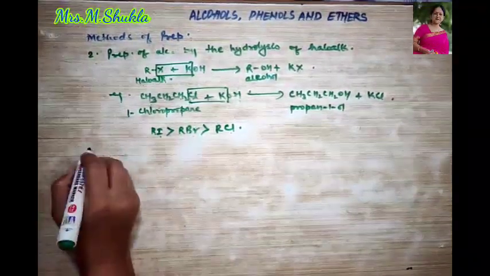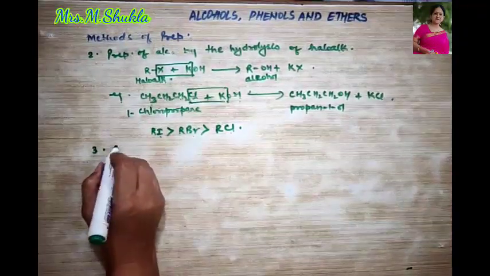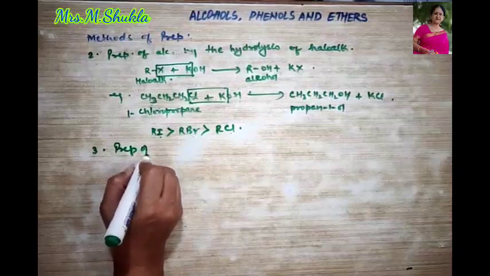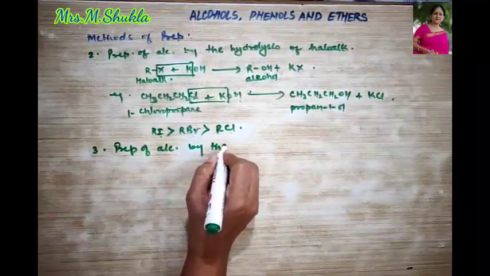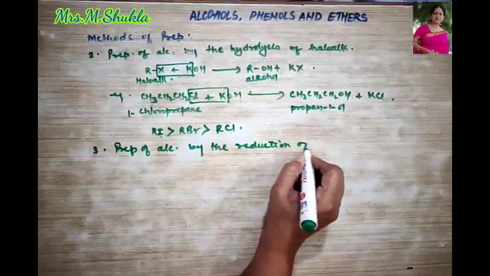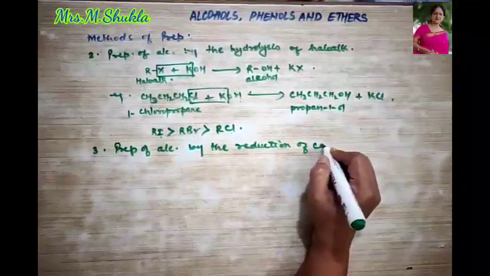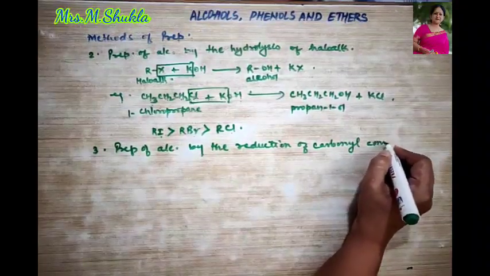Then let us come to the third method we were talking about, that is the preparation of alcohols by the reduction of carbonyl compounds.